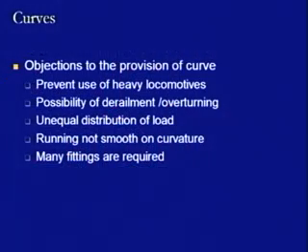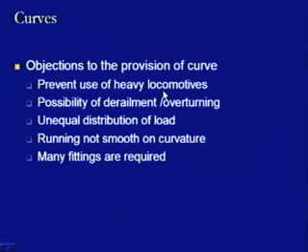In the case of curves, there are certain objections to the provision of curve. The objections are, it prevents the use of heavy locomotives. The reason is that if a sharp curve is provided, then the heavy locomotives have difficulty negotiating those sharp curves because of the rigid base of the locomotives.